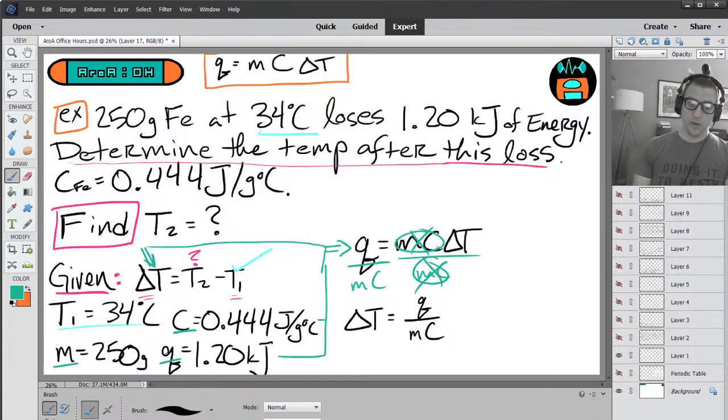We know all three of these values, and so we're good to plug in.